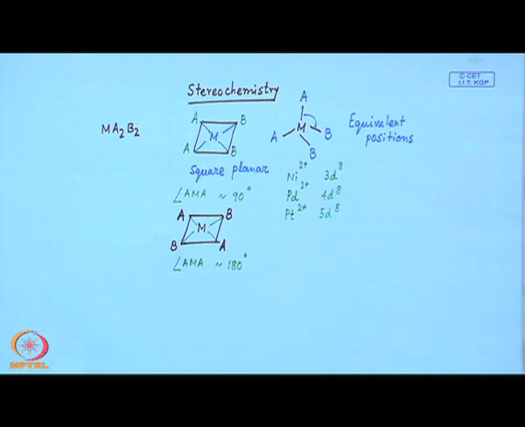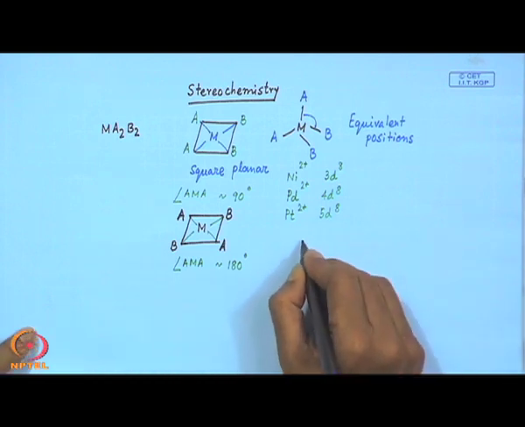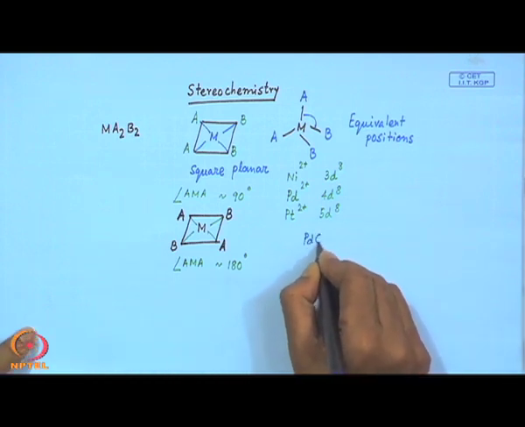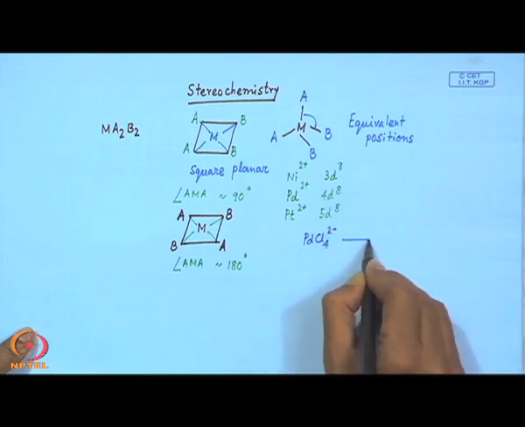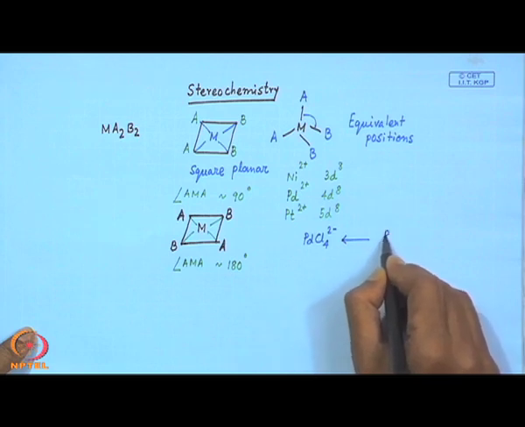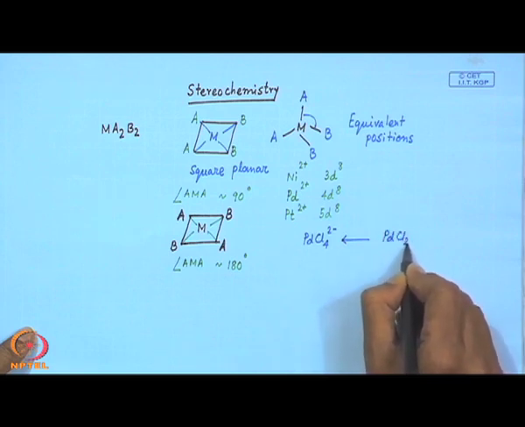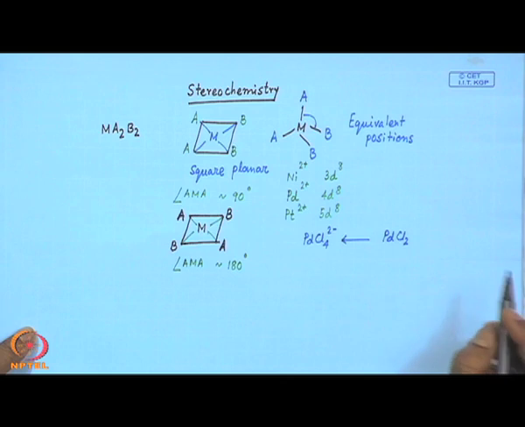Initially we can have the corresponding PdCl4 2 minus compound, which can be prepared from simple palladium chloride, like nickel chloride.